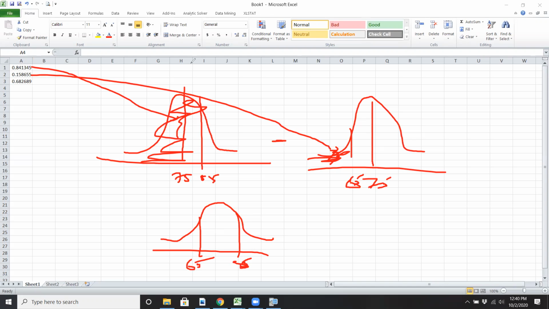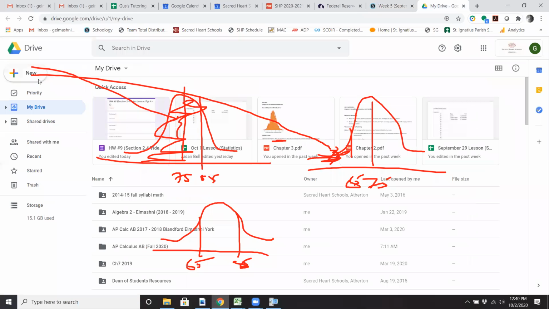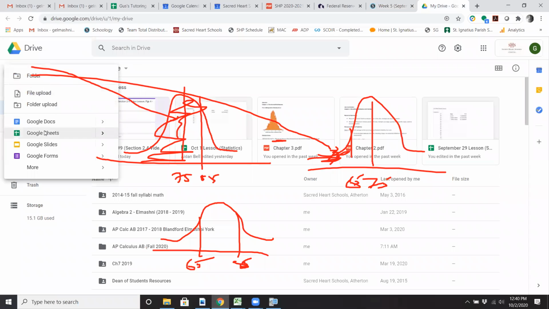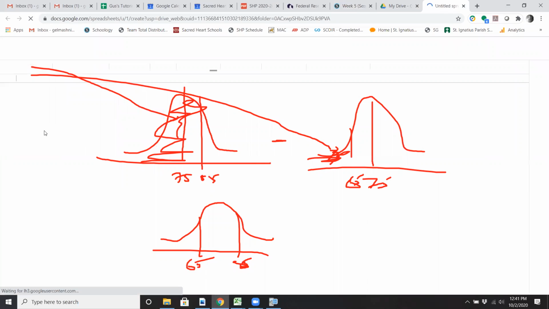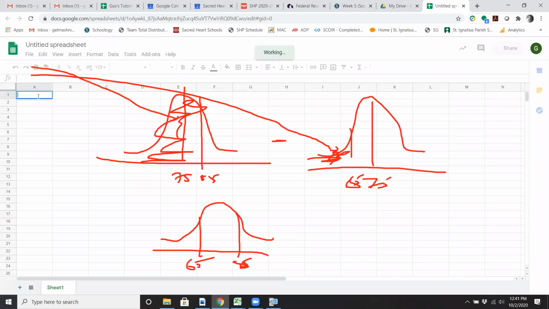Now, if you want to go into Google Spreadsheets, you can as well. So we'll create a new spreadsheet. And I'm pretty sure if I type norm, I'm going to find a feature for that. Equals norm dot dist, I believe.